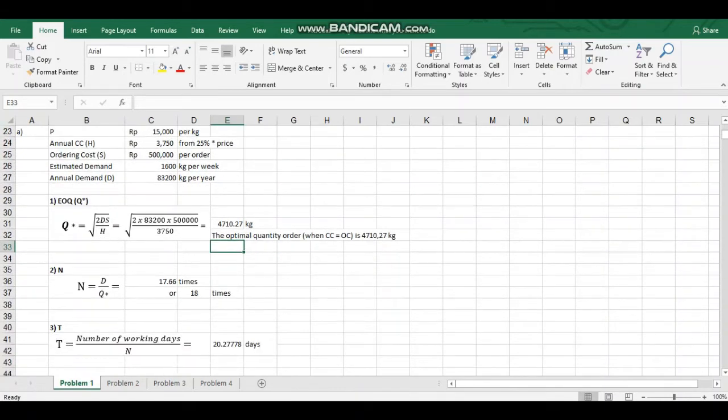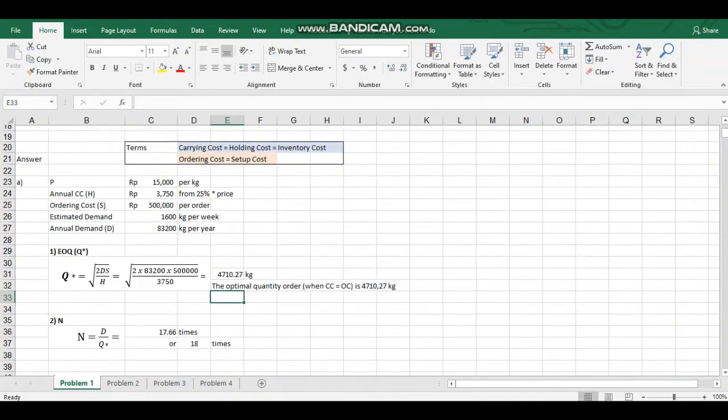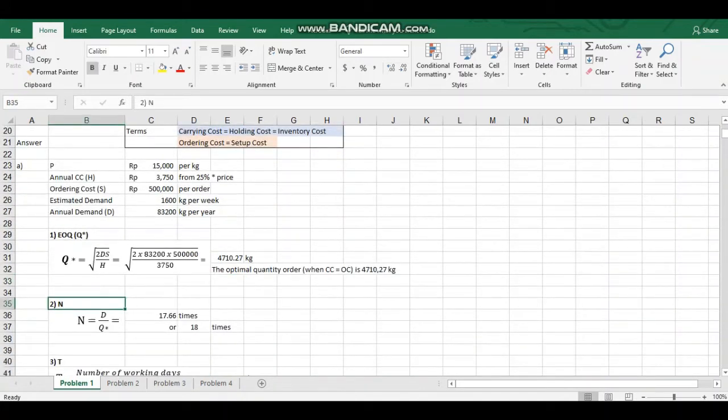Next, question number 2 is how many times the restaurant should order in a year. So the number of orders, symbolized with n. To find how many times we should order from the supplier, we divide the annual demand, which is this number, by the EOQ, which we just calculated in point 1.